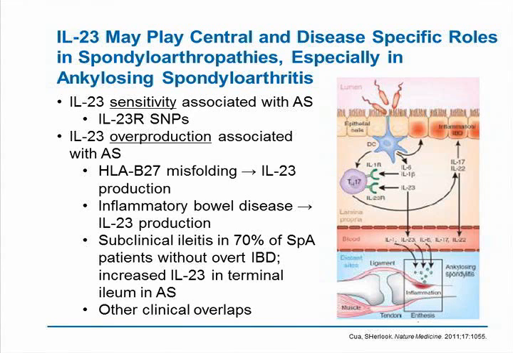And we see the picture at right, which is suggesting that some stimulant at the epithelial lining, which may be misfolded antigen or B27, stimulating a dendritic cell will result in an inflammatory response, and part of that inflammatory response will be IL-23, which increases Th17 production, and that will feed back and cause additional stimulation of the immune system, as well as the induction of these gamma delta T cells that may only be present at the sites of the enthesis.